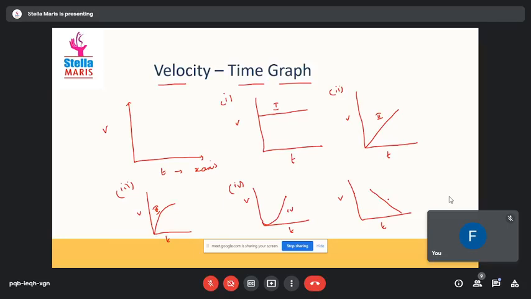Okay, listen, Auxilia, if it is a displacement time graph or a position time graph, what you said is right about graph 1, but here the y-axis represents velocity. Yes, sir. So for example, let's say this is 0 meter per second, this is 10 meter per second, this is 20 meter per second, and this is 30 meter per second. So now tell me, what does the first graph say?